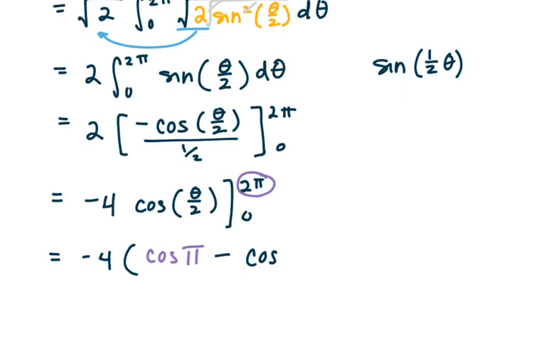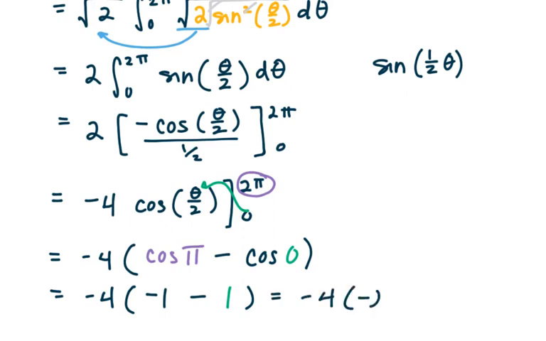Right, so plugging that 0 in here, we get 0 over 2, which is just cosine of 0. So I have negative 4, cosine of pi is negative 1, minus cosine of 0 is positive 1. So I have negative 4 times negative 2, or positive 8.